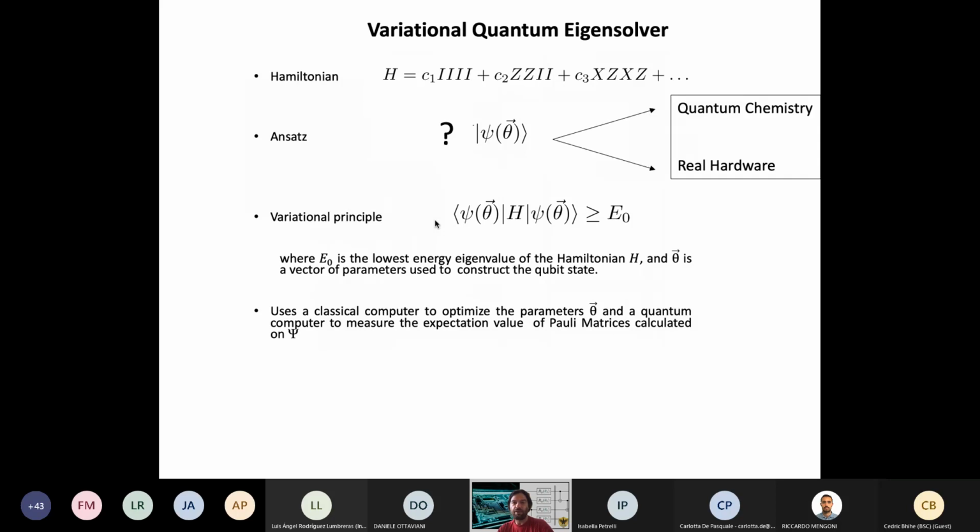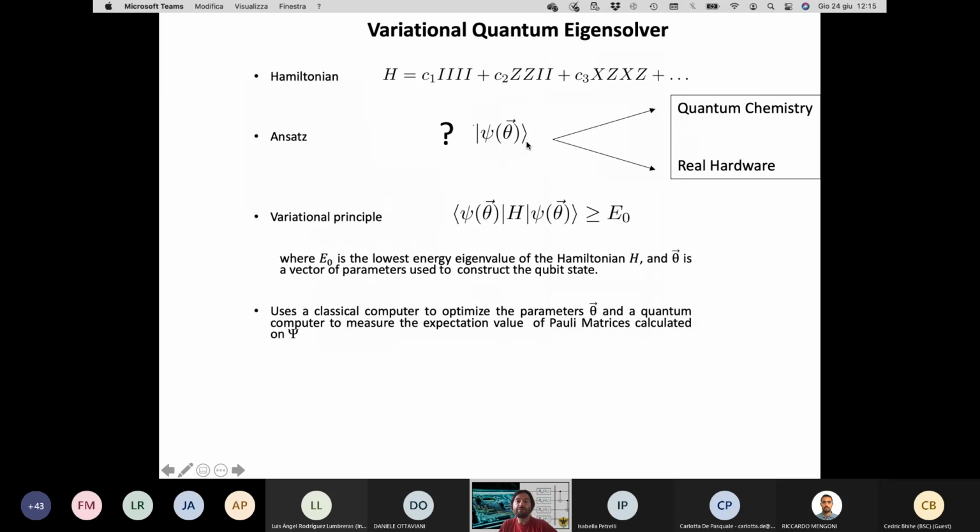Okay, so about the ansatz. How to choose the ansatz? You have two choices. One choice is to be inspired by some physics, by some chemistry. So build the circuit by inspiration from traditional, classical methods.